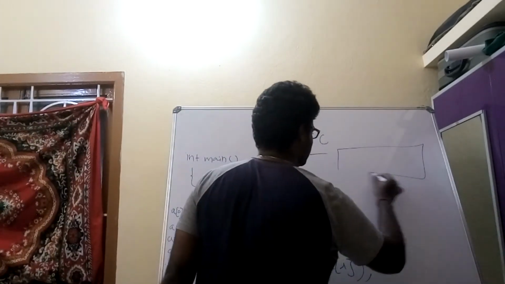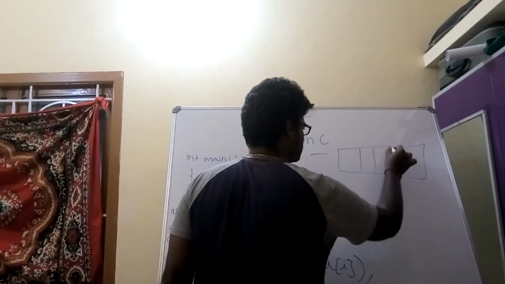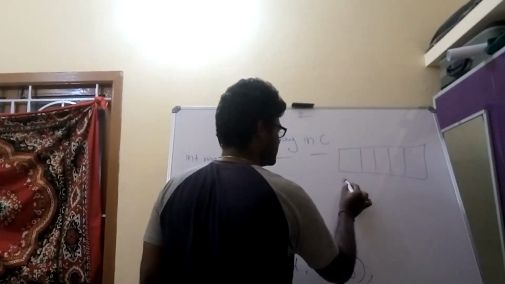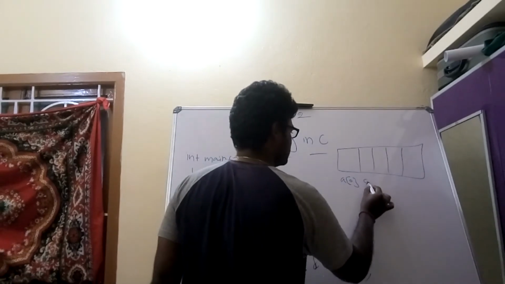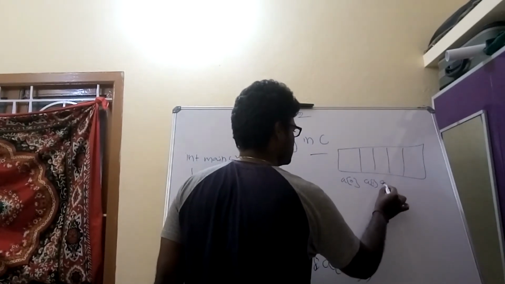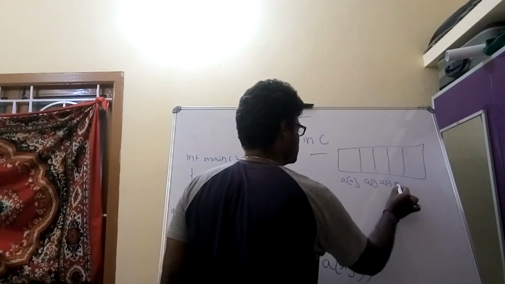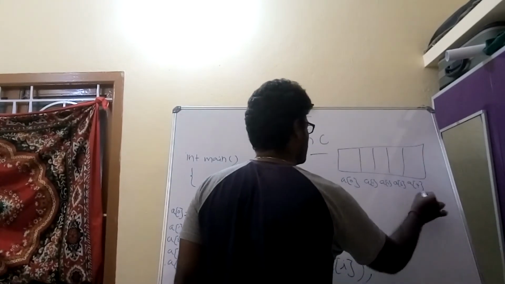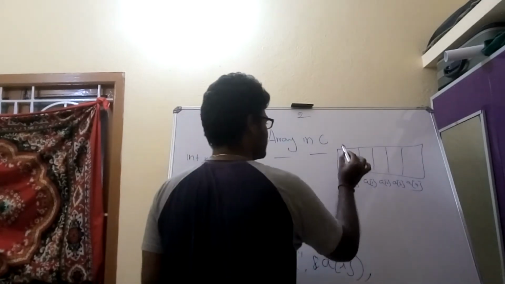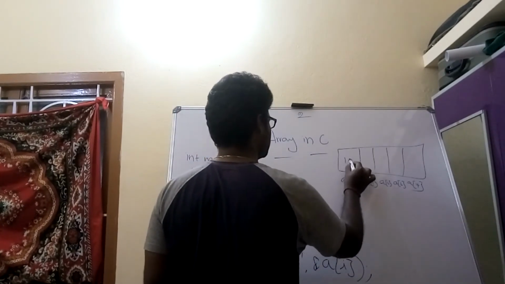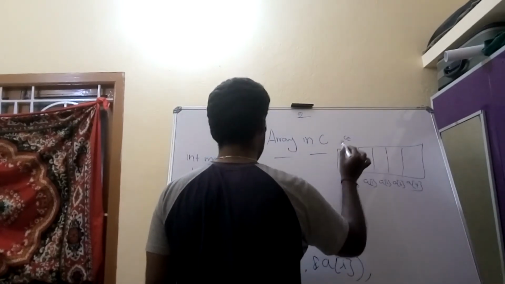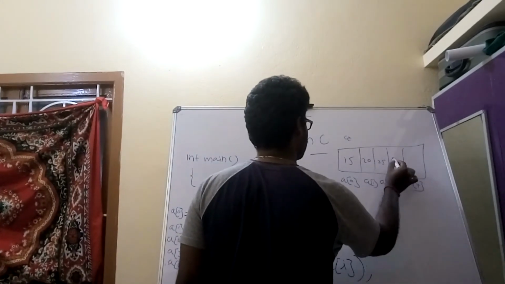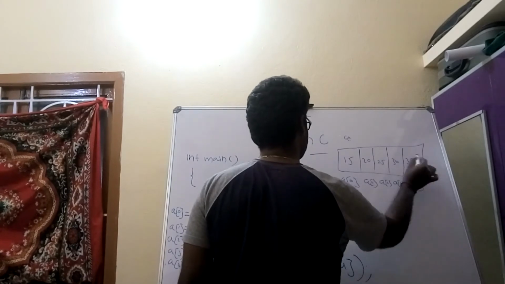If the user has given these values 15, 20, 25, 30, 35, it is stored in the array in the form like this: 5 locations. This is a[0], this is a[1], this is a[2], this is a[3], this is a[4]. Okay, in the first location 15 is stored, then the second location 20, 25, 30, 35.